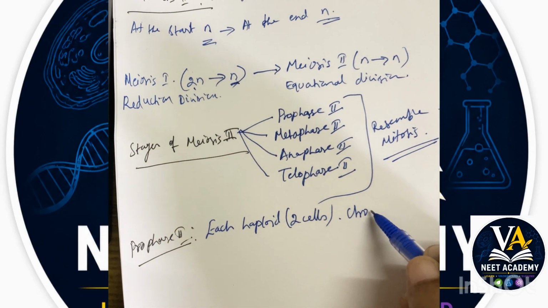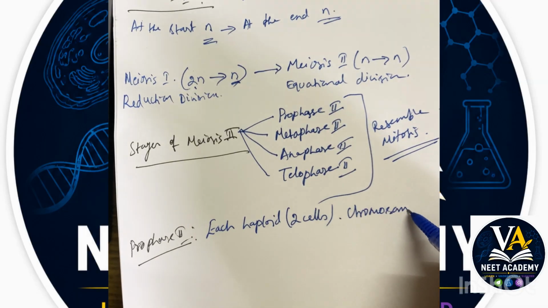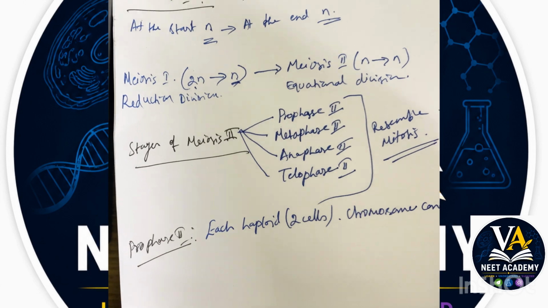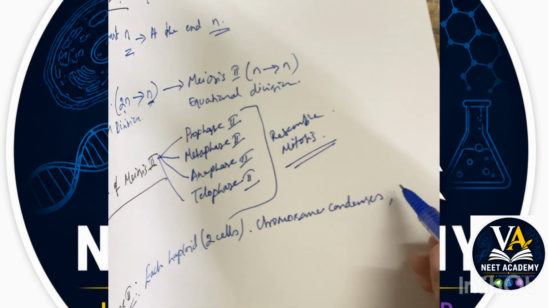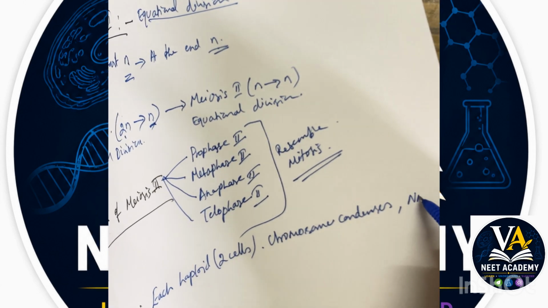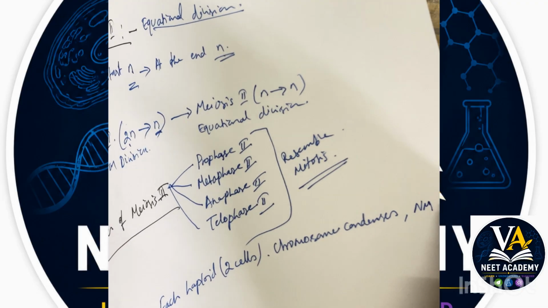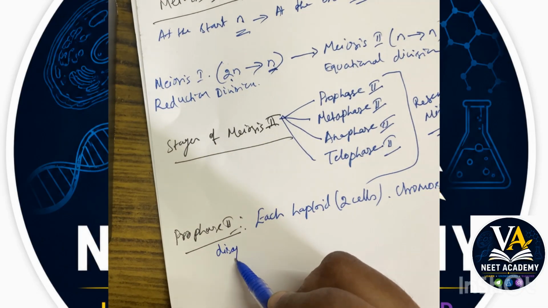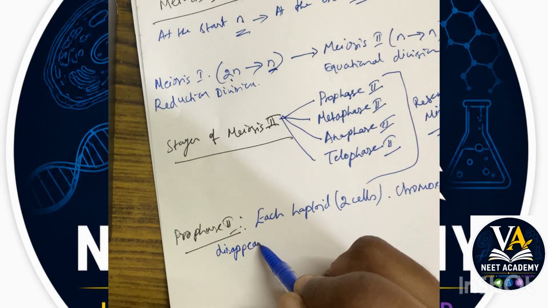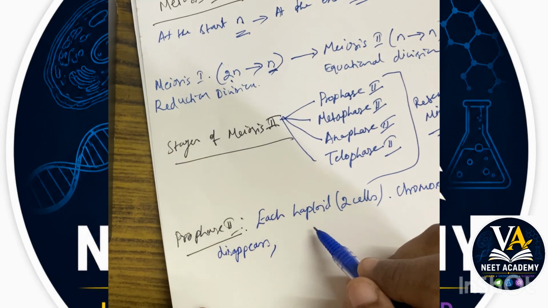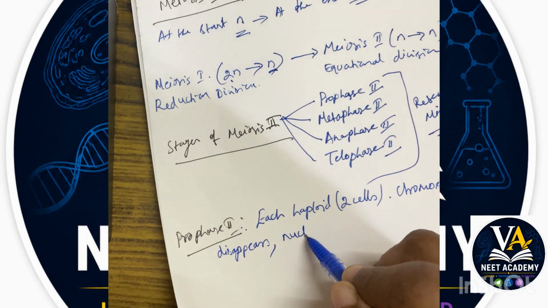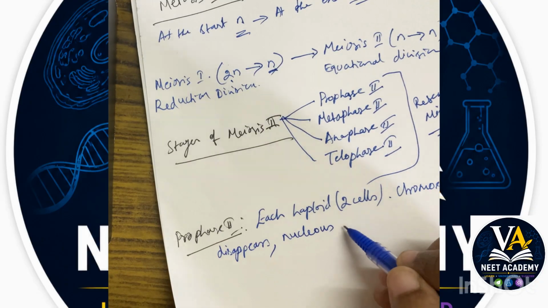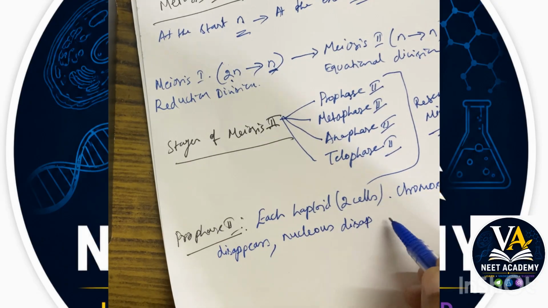The chromosome condenses. Condensation happens. The nuclear membrane, as you all know, disappears, and the nucleolus also disappears.